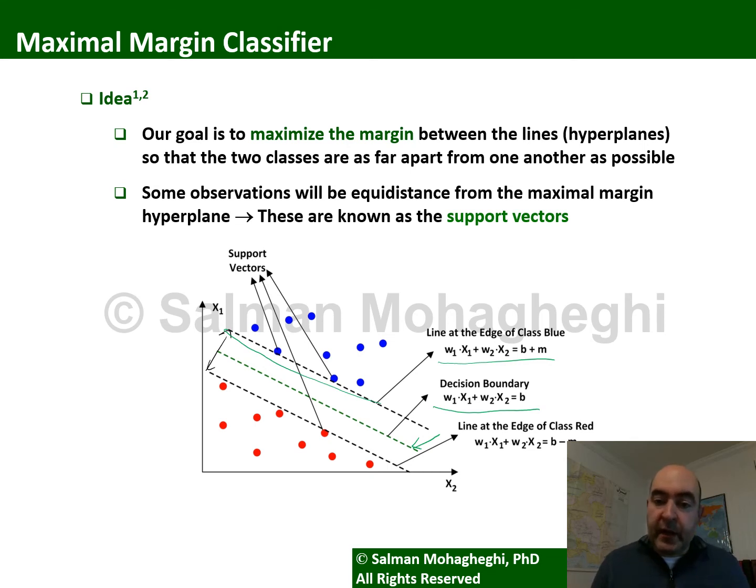Likewise, the line at the edge of class red would be the same equation, except that here I would have B minus M.